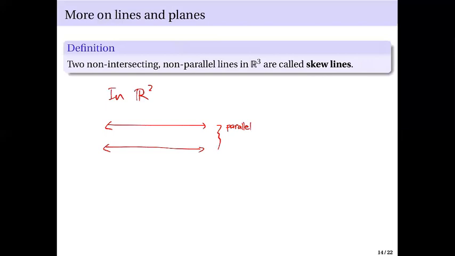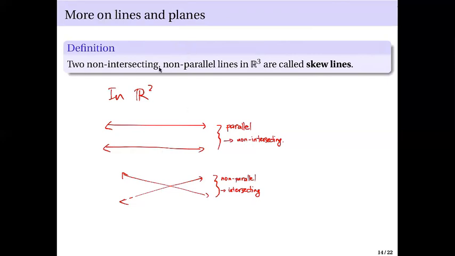It means that they will not intersect. Also in R2, suppose you have two lines that are not parallel. Definitely they will intersect. So these are the two cases in the two-dimensional Cartesian plane.